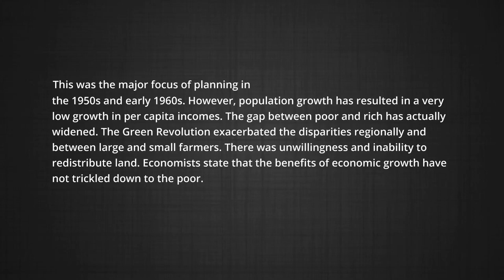However, population growth has resulted in a very low growth in per capita incomes. The gap between the poor and the rich has actually widened. The Green Revolution exacerbated the disparities regionally and between large and small farmers. There was unwillingness and inability to redistribute land. So, economists state that the benefits of economic growth have not trickled down to the poor.